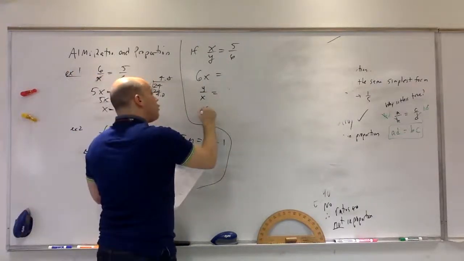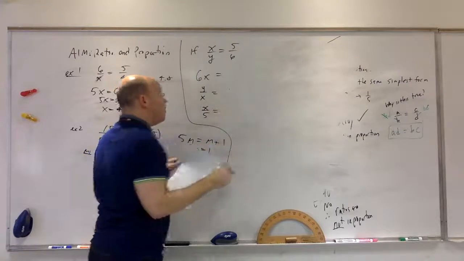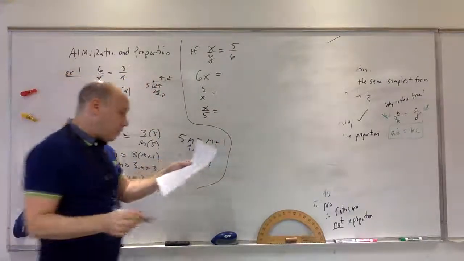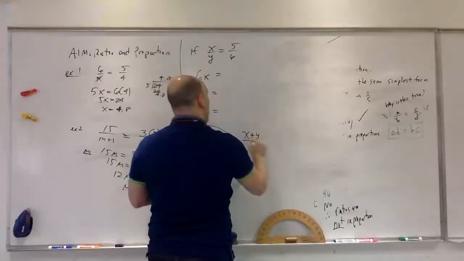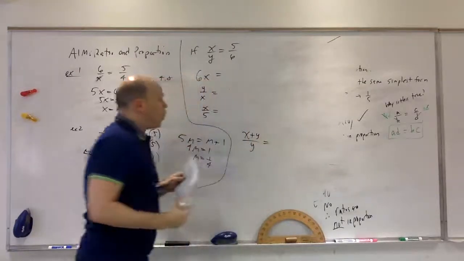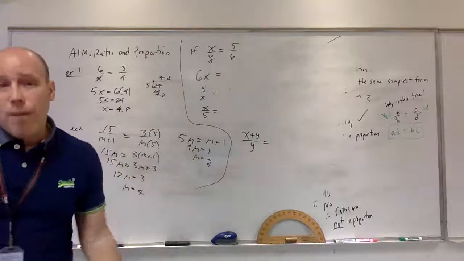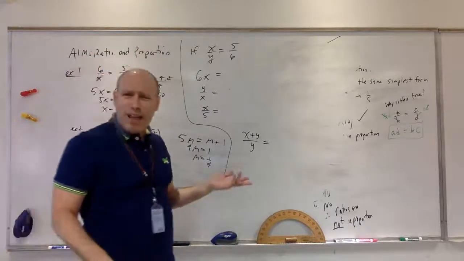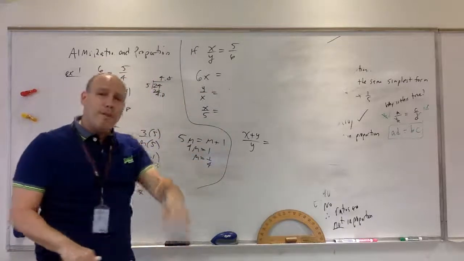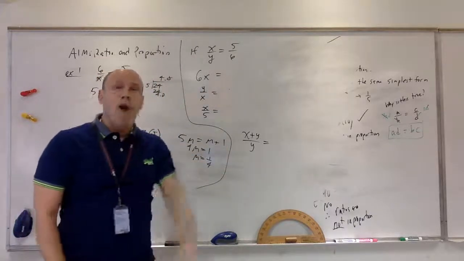I'd like you to think about what x over 5 is equal to. And then last, as a bonus, I want you to think about what x plus y over y is equal to. So, figure it out by yourself. Put the video on pause.